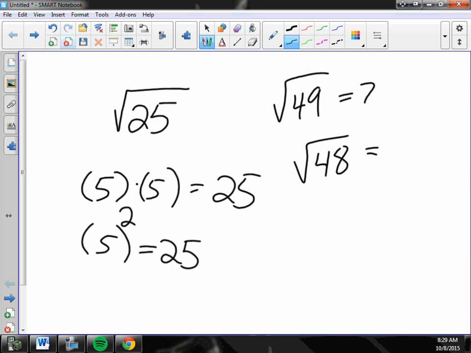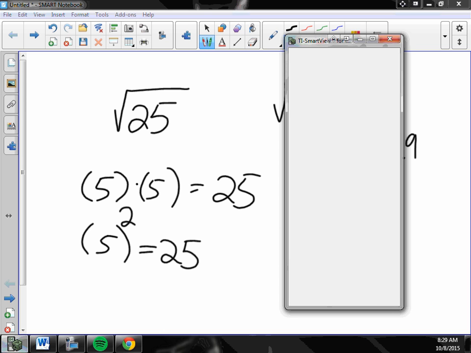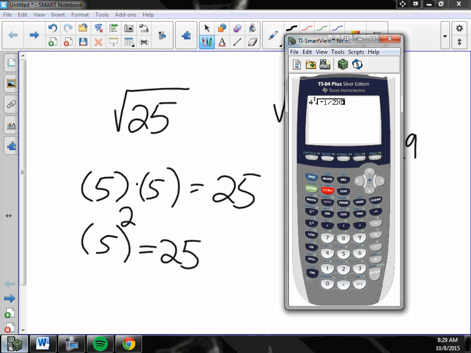Really close to 7, probably like 6.9 or something like that. In fact, if we take our calculators, the square root button is right here above the x squared. So what do I get there? The square root of 48 is 6.92.